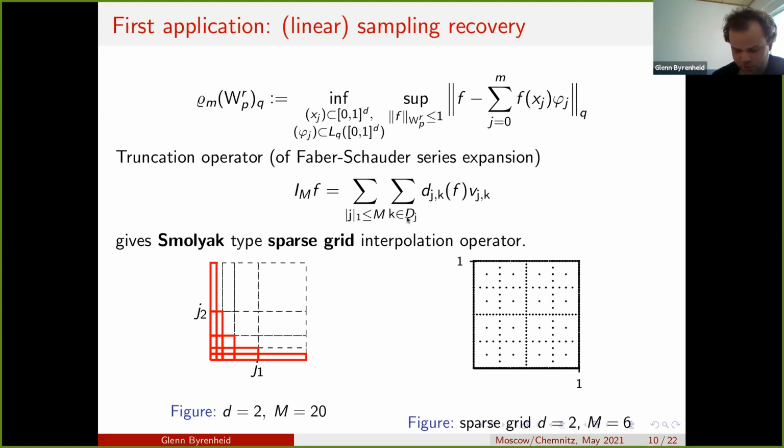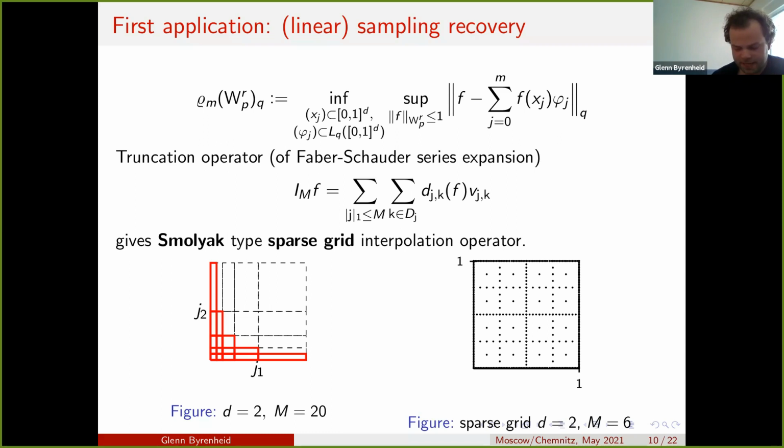Remember, this D_j was always a finite set. We had that these coefficients d_jk were generated only by function evaluations. So for every fixed m, this is an operator or expression using only a finite number of function evaluations of f. This construction yields a so-called Smolyak type sparse grid sampling operator.